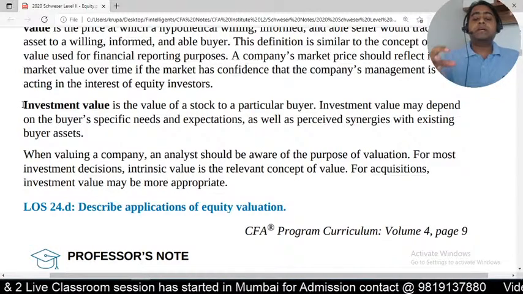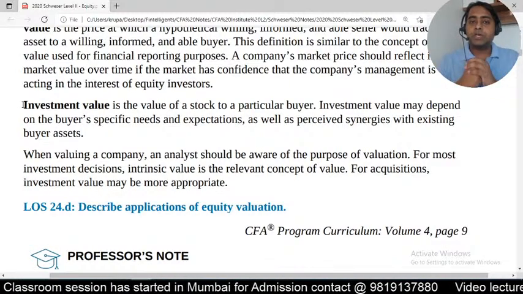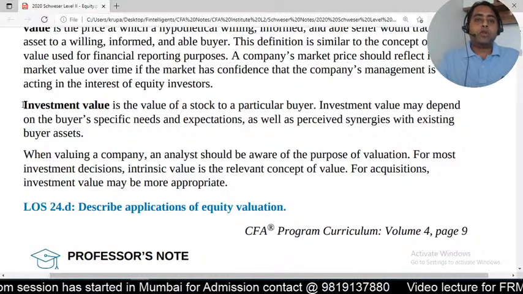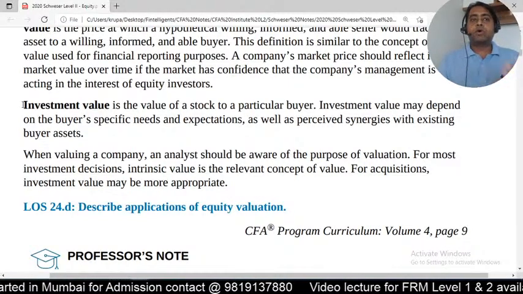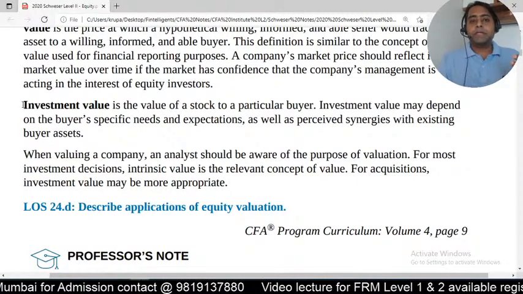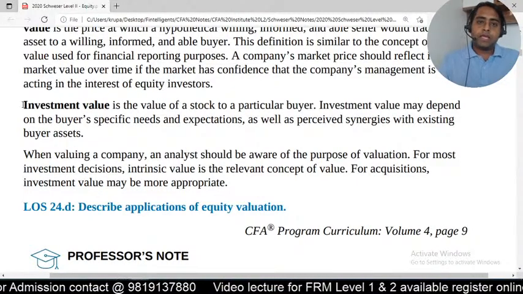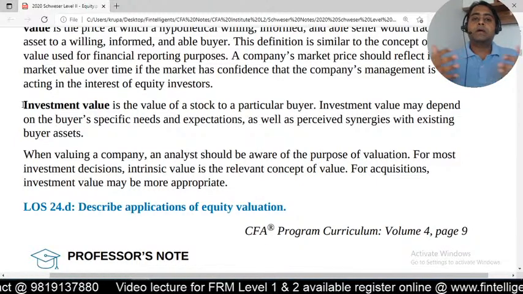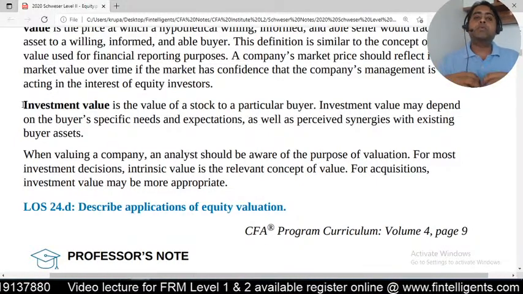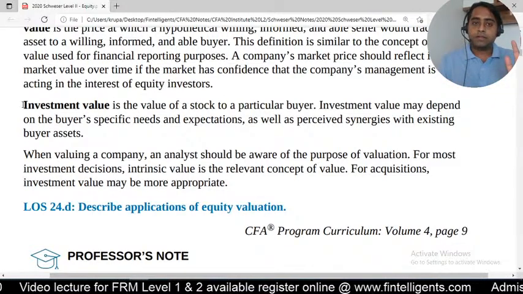So that is where the investment value comes into picture, because this value may not be necessarily matching the fair market value. I'll give you a very simple example. If tomorrow you realize that there is a company which you want to buy, and if you buy this company, your existing company will be able to accommodate that new company, and you'll find very high benefit out of that, right?